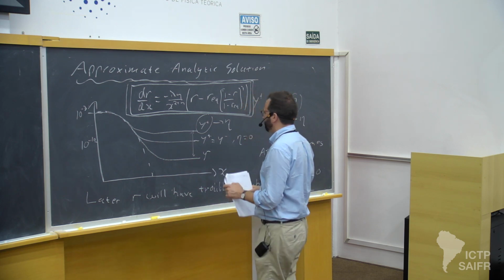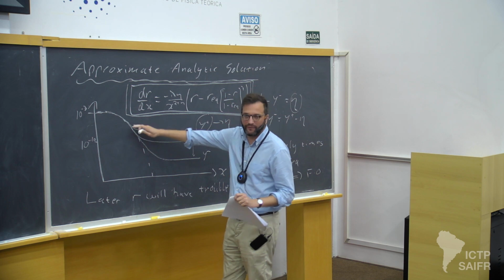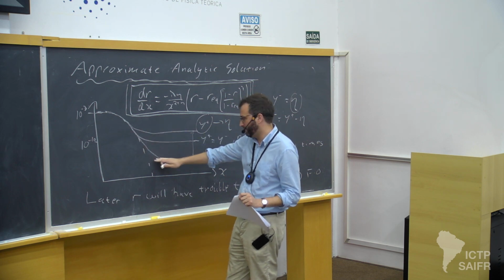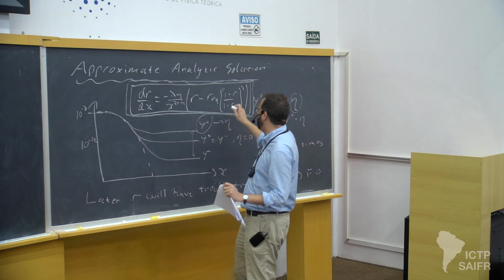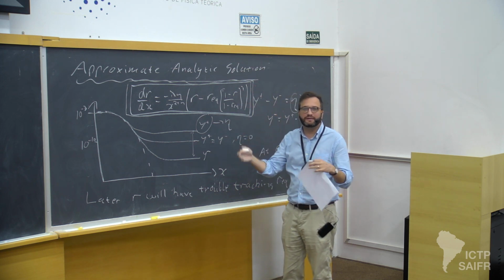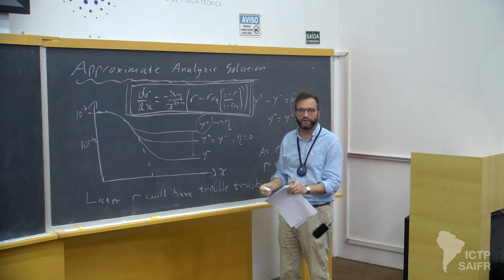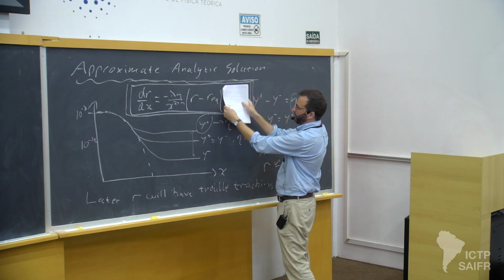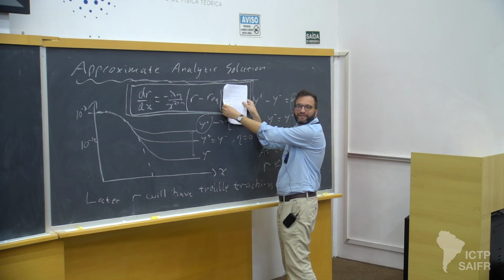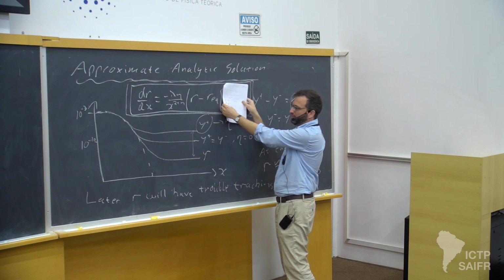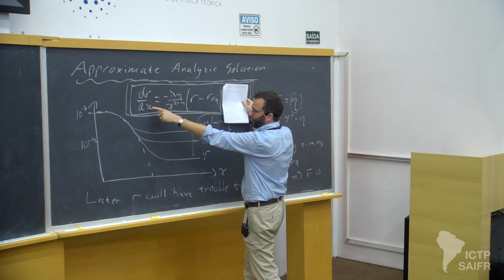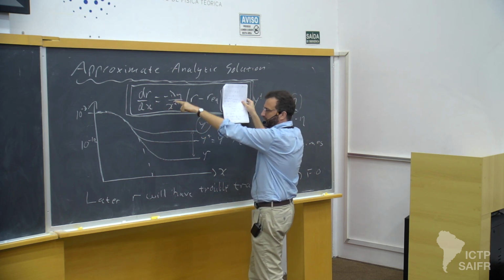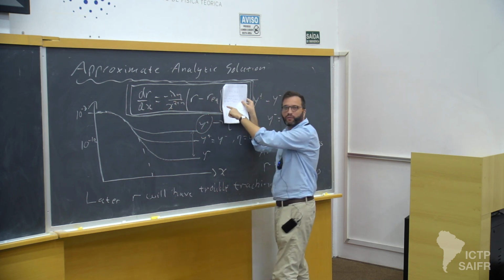So when we're in the tail here at around the freeze-out time, r and r equilibrium are very suppressed, way below 1. So we just cover this here, and that term is 1. It's a very good approximation. Then we have the dr dx is this times r minus r equilibrium.